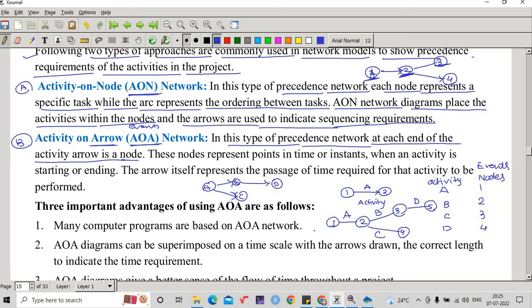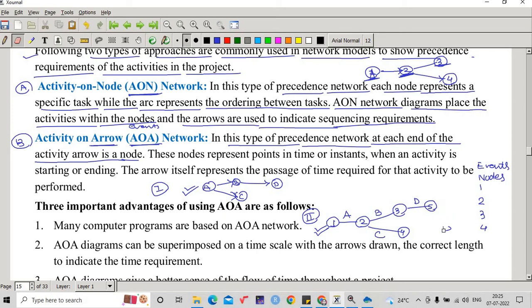So see this diagram, and also see this diagram. Both of the diagrams are not much varied. They are giving you the same networking of the activities. I repeat once again. First is your AON network. Second diagram is your AOA network. Am I right? The activities included in both of the networks are not very different.